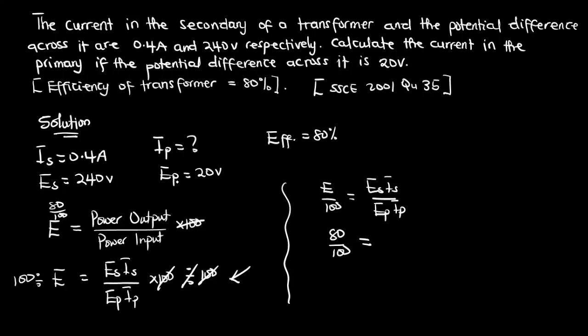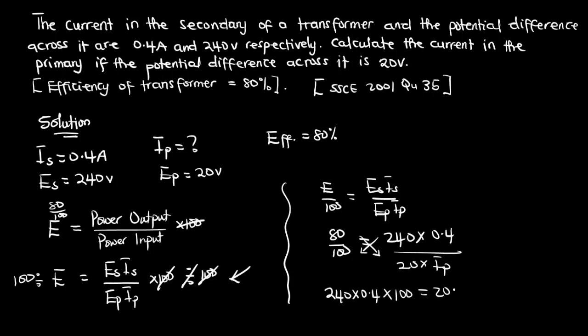So this is equal to ES, which is 240, multiplied by IS, which is 0.4, over EP, which is 20, multiplied by IP. All right, so here I cross multiply. So I have 240 multiplied by 0.4 multiplied by 100 is equal to 20 multiplied by IP multiplied by 80.